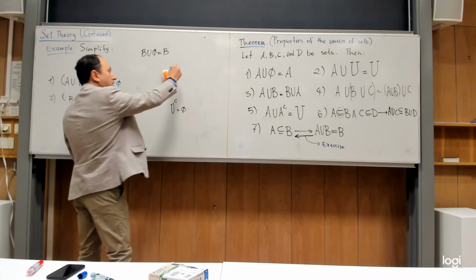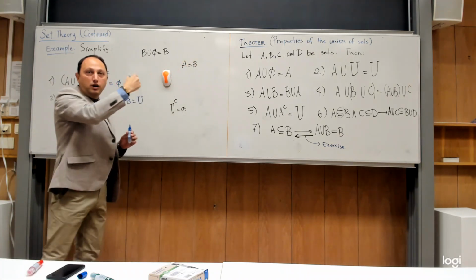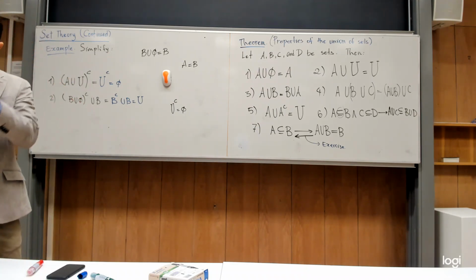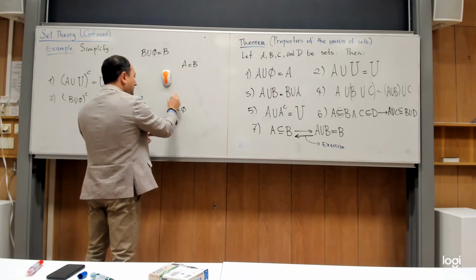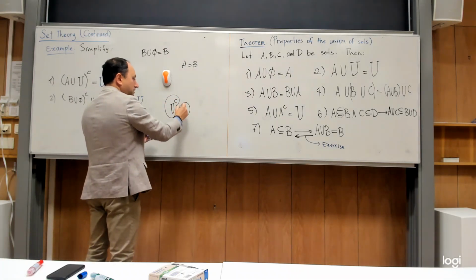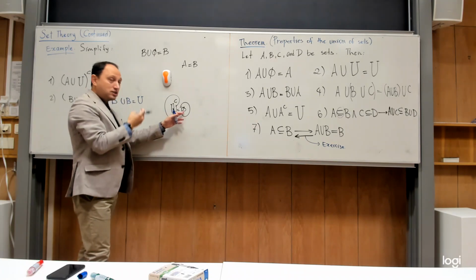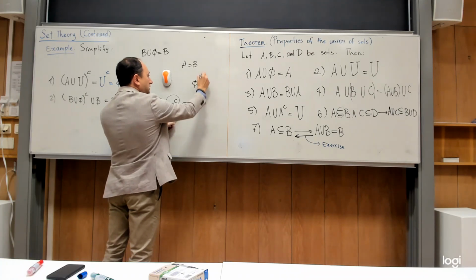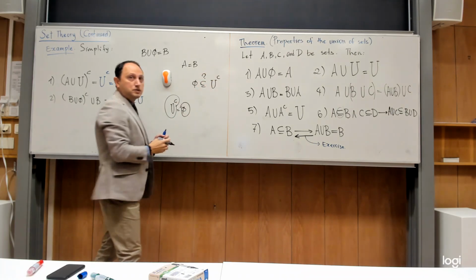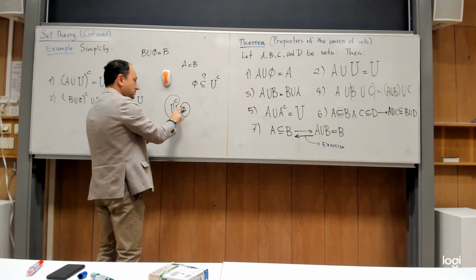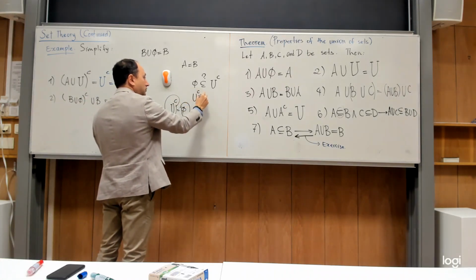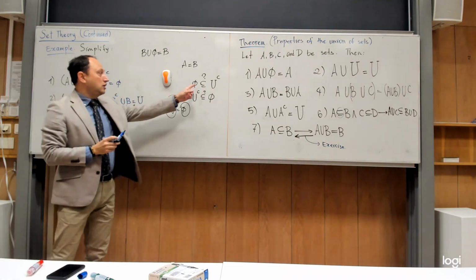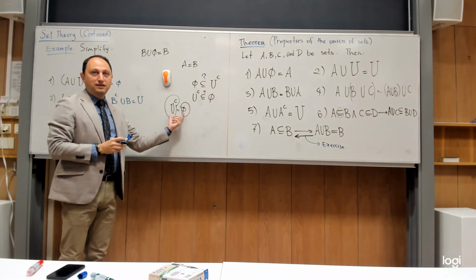If I want to show that two sets are equal, one way is to show that the left-hand side is a subset of the right-hand side and the other way around. If I can convince you of these two, then you have to admit that they are equal.